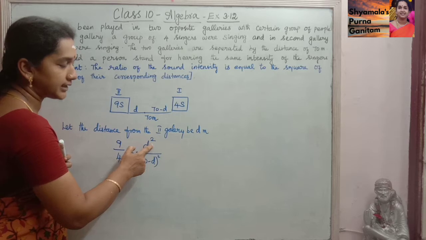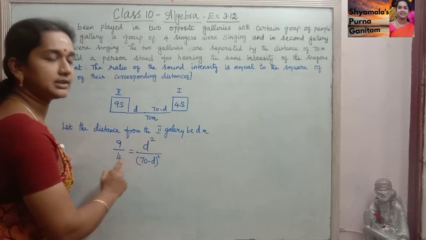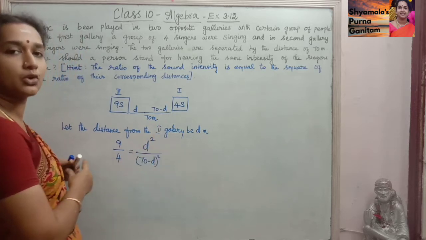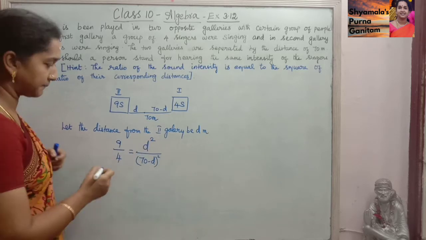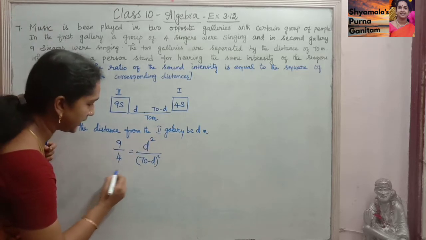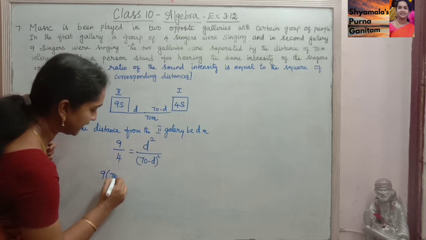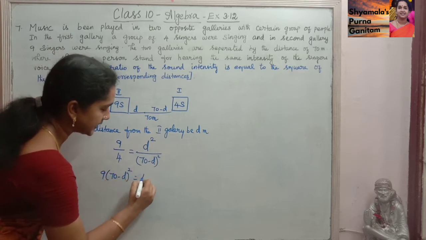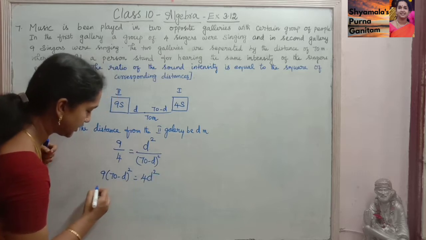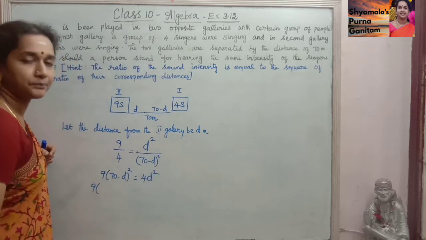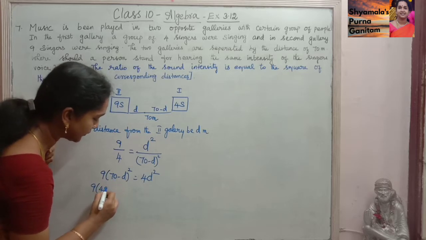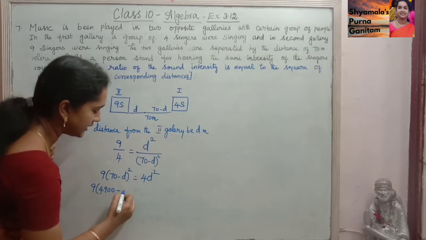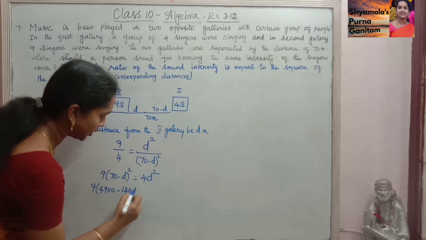From the second gallery the distance is D and the other one is 70 minus D, so we take the square of that: 9 by 4 equals D squared over 70 minus D the whole square. We will simplify this and find the distance. So 9 into 70 minus D the whole square is equal to 4D squared. We expand this using A minus B the whole square: A squared is 4900, minus 140D, which is 2AB.